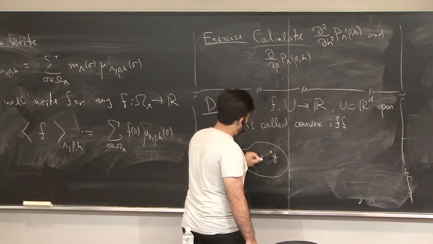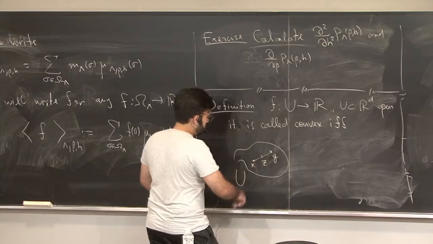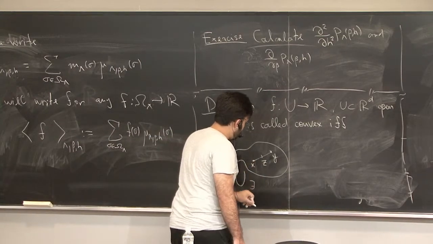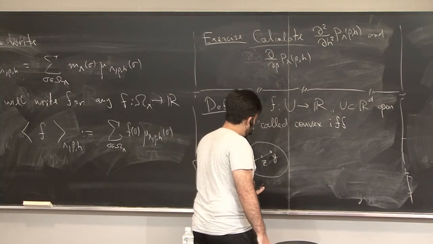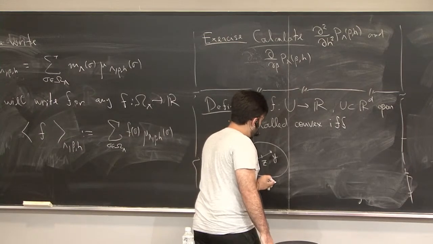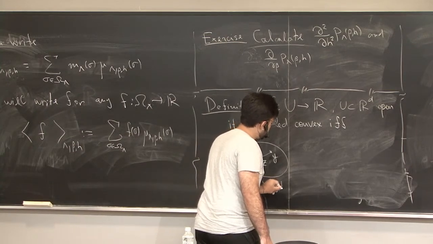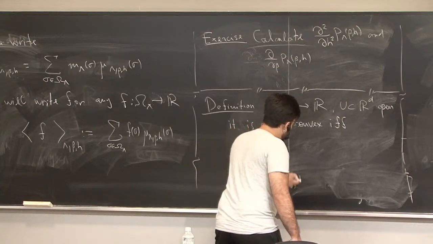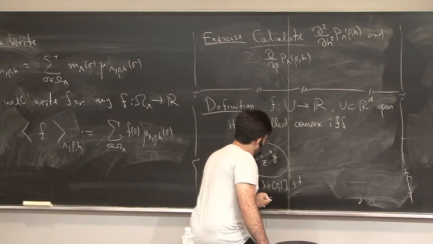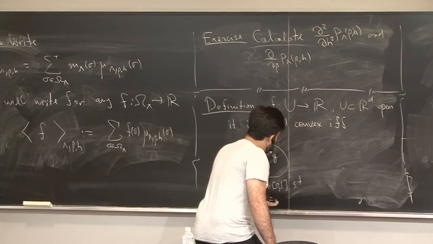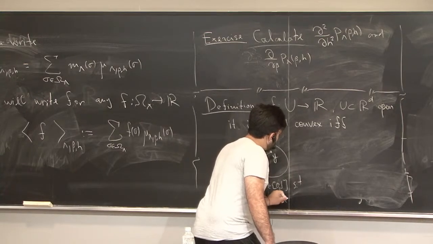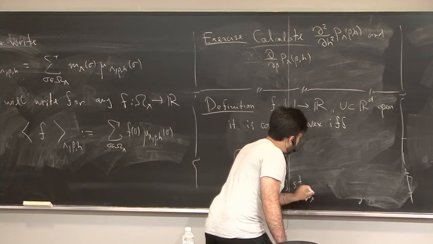For any point z in the middle, there exists a lambda, a real number between 0 and 1, such that z is equal to lambda x plus 1 minus lambda y.